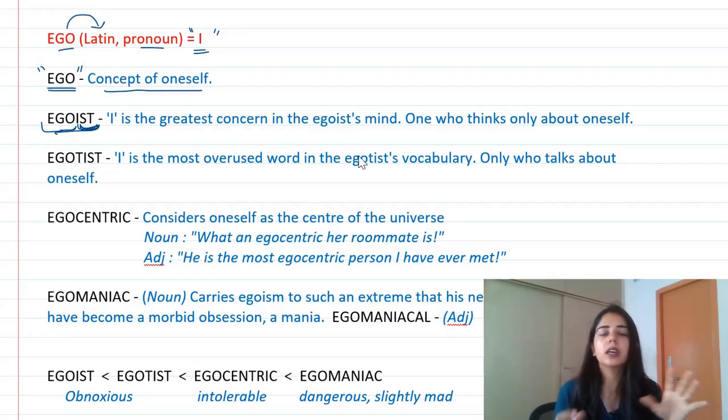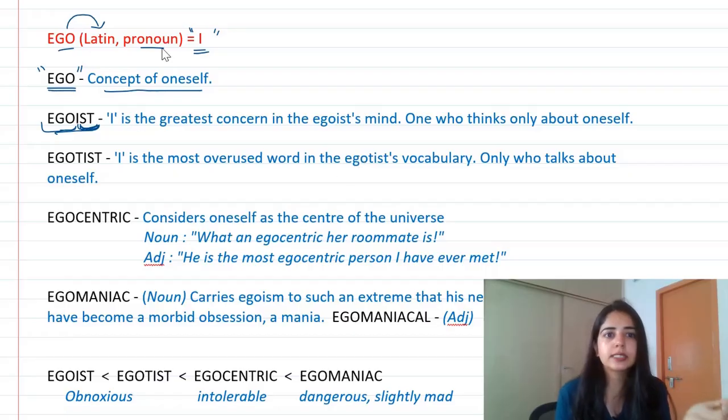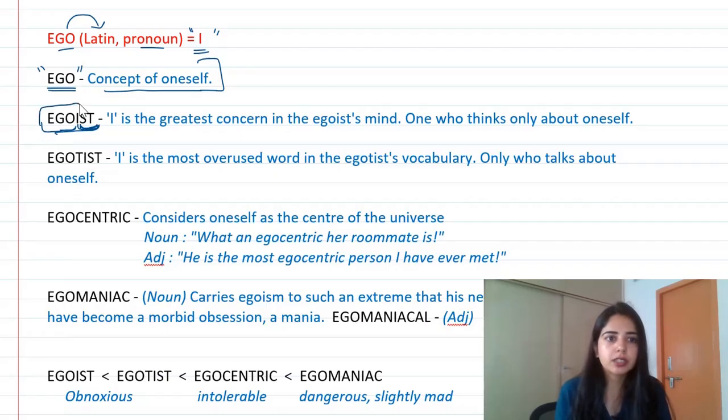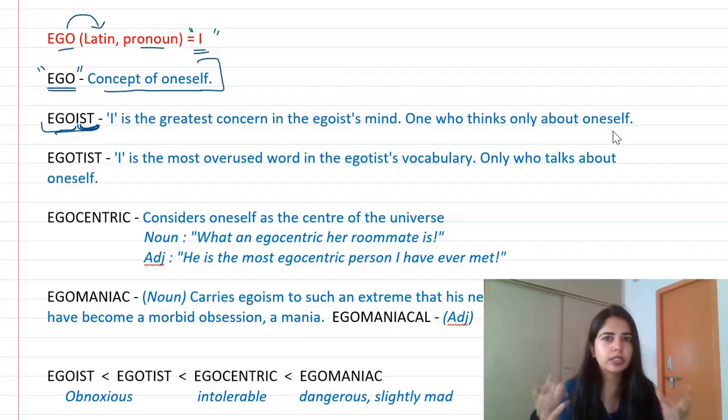Someone who is full of himself, whose concept of oneself has filled his mind, that person is an egoist because he is a master of the concept of oneself. That's how you can understand it. One who thinks only about oneself. So egoist people are mostly selfish, self-centered because they are only thinking about themselves. Their concept of themselves is so huge in their mind that they are unable to think about anyone else. So an egoist is someone who can only think about himself or herself.